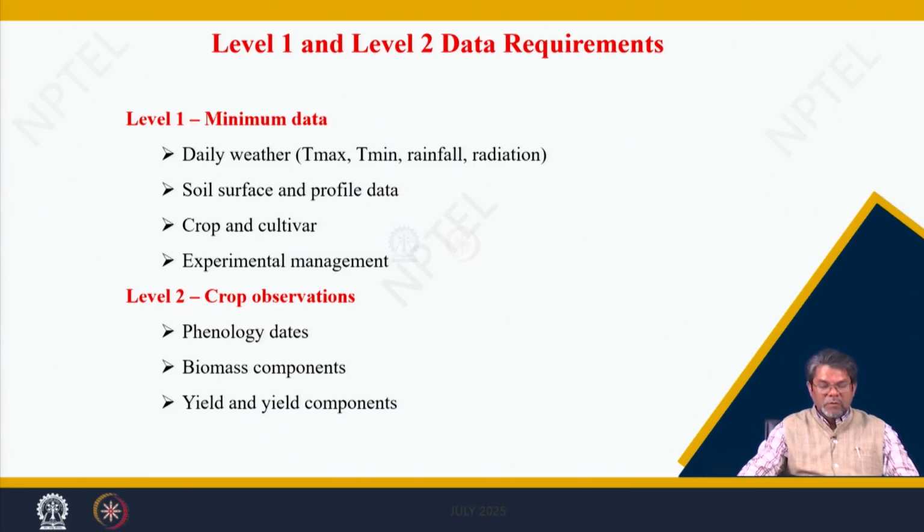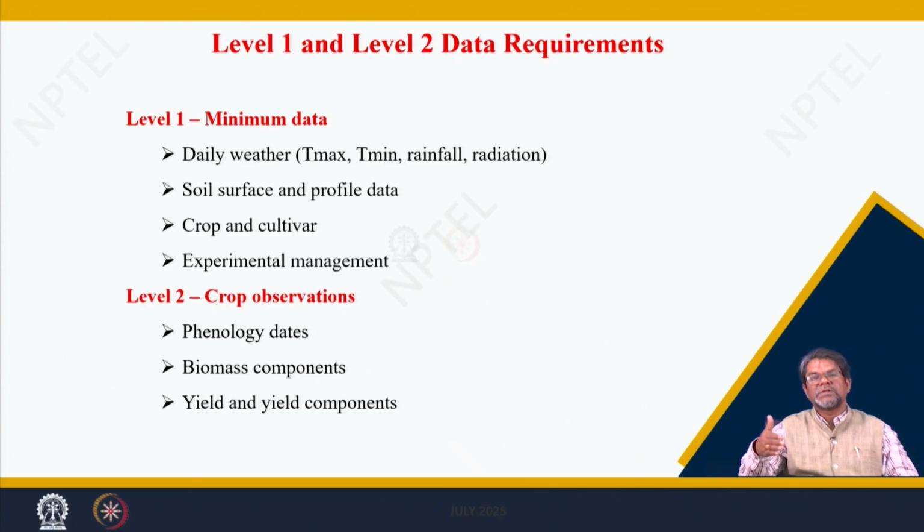Label 2, that is for model performance evaluation. For label 2, you require all the data of label 1 in addition to this. These are the additional data requirements: phenology dates, meaning the crop physiological growth stages, the appearance of different growth stages like tillering or panicle initiation in the case of rice, then flowering, then grain filling, maturity.